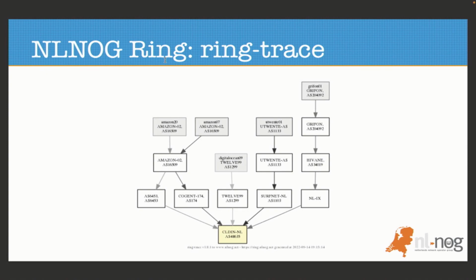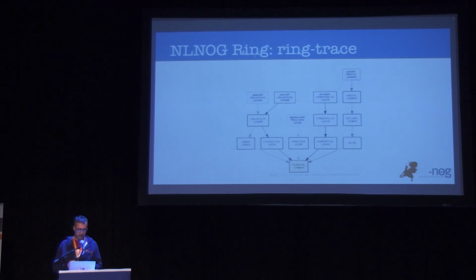The 2 Amazon networks that are used are pretty funny because although they both go via the ASN of Amazon, they choose a different upstream provider for CLDIN. AS6543 and Cogent. So this helps you make a graph of how your network or a specific destination is reachable.